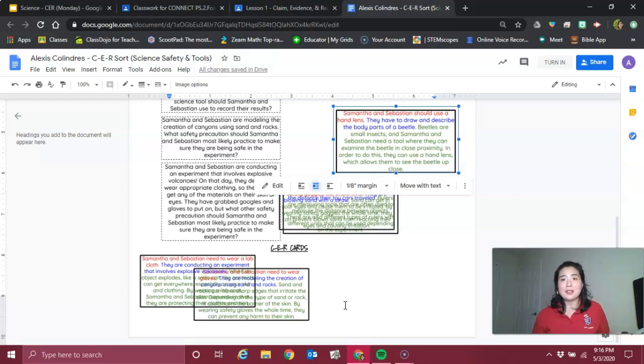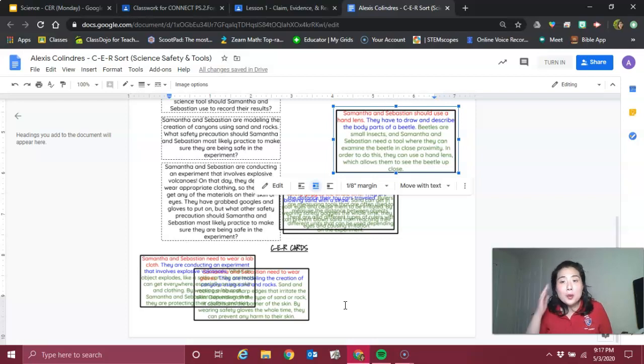So now I'm going to read my reasoning. Beetles are small insects, and Samantha and Sebastian need a tool where they can examine or look at the beetle in close proximity. In order to do this, they can use a hand lens which allows them to see the beetle up close.